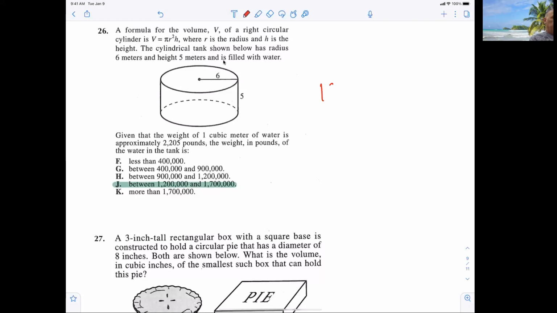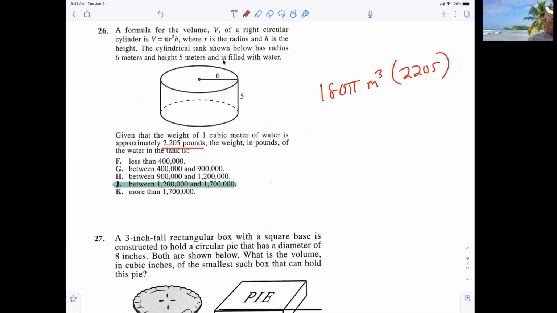That's right, 180 pi. Then it says that the weight of 1 cubic meter is 2,205 pounds. So all I'm doing is, this is how many cubic meters there are. Do you agree? So I'm just multiplying that by 2,205, right? Is that making sense now?